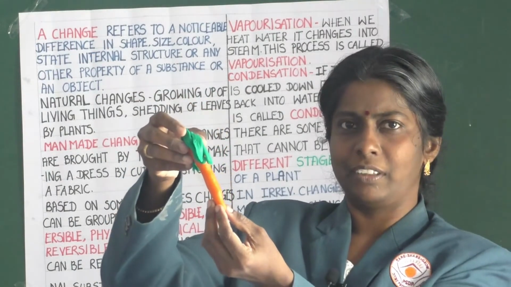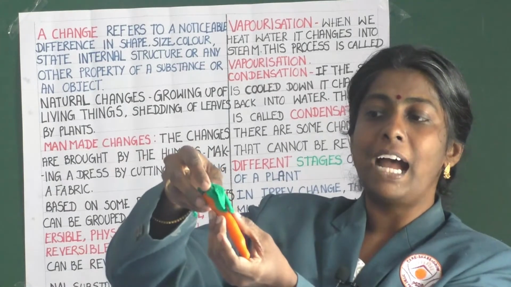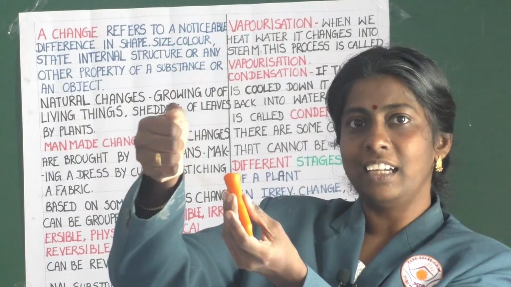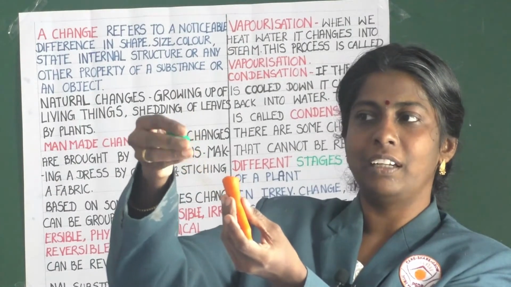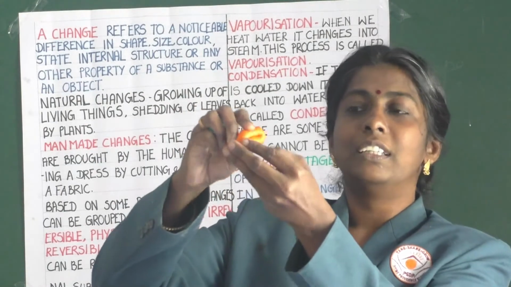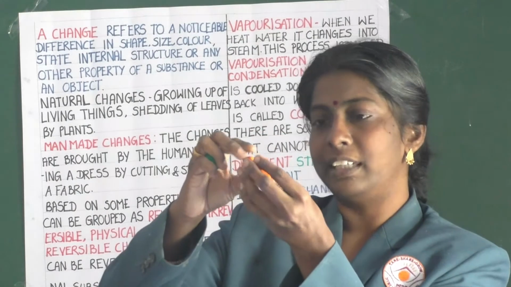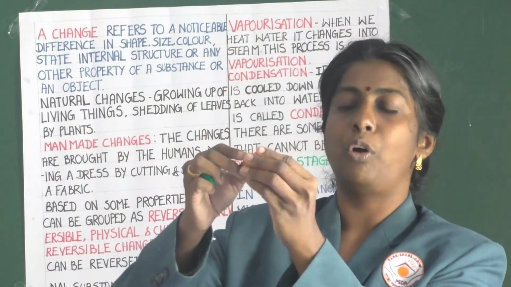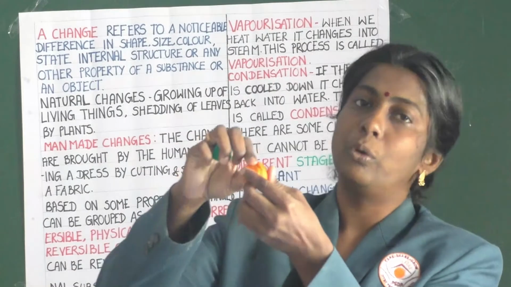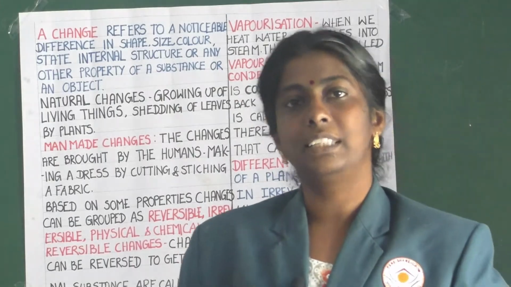Then we can change the model back to its original shape, the normal clay. This is one example of reversible change. We can change to any other form and we can revert it back to its original form.